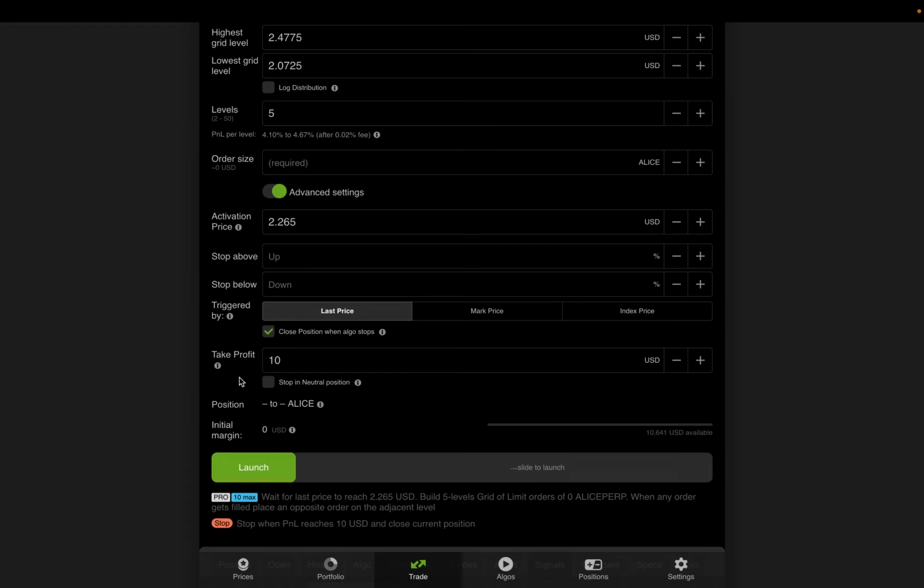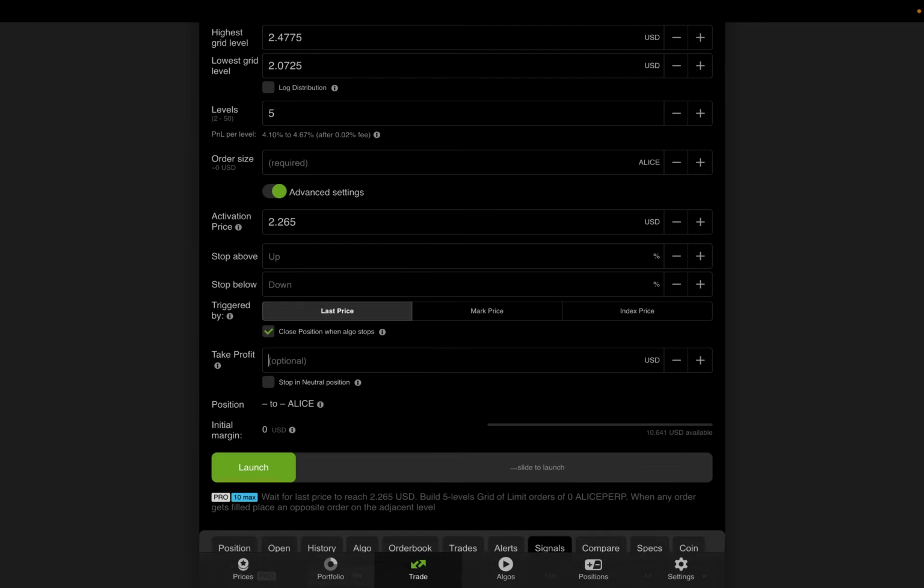Okay, then there is another feature, which might be even more interesting than take profit, or at least at the same level of interest. It's called stop in neutral position. There's a small checkbox here. What does it mean basically? Okay, let's say there was no take profit.